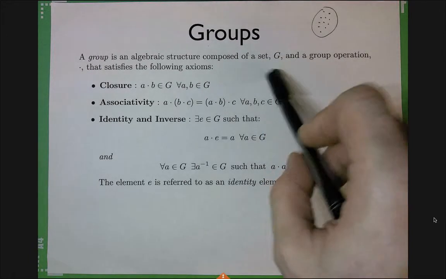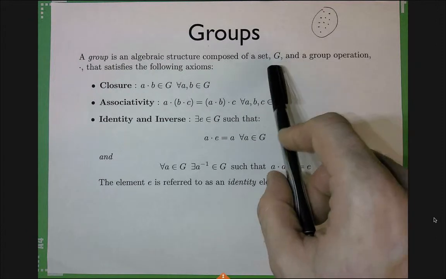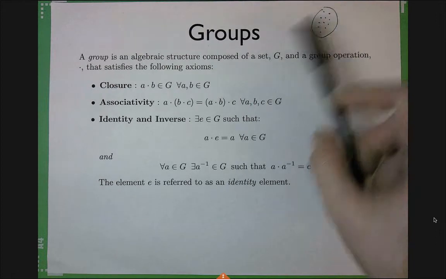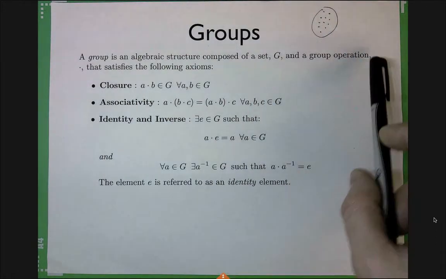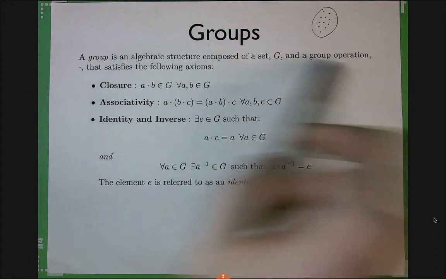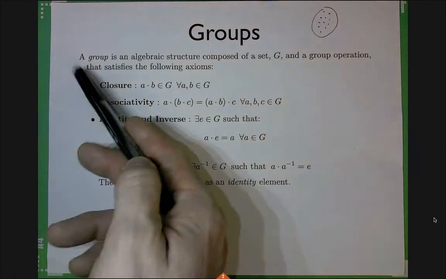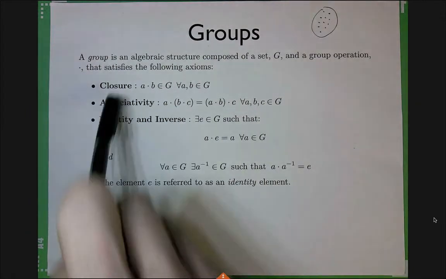But sets by themselves would not be as interesting unless we give them some operation, something we can actually do with the elements of the set, right? What we do in groups is this operation, like multiplication, group multiplication, or just group operation, which has to satisfy these three properties.